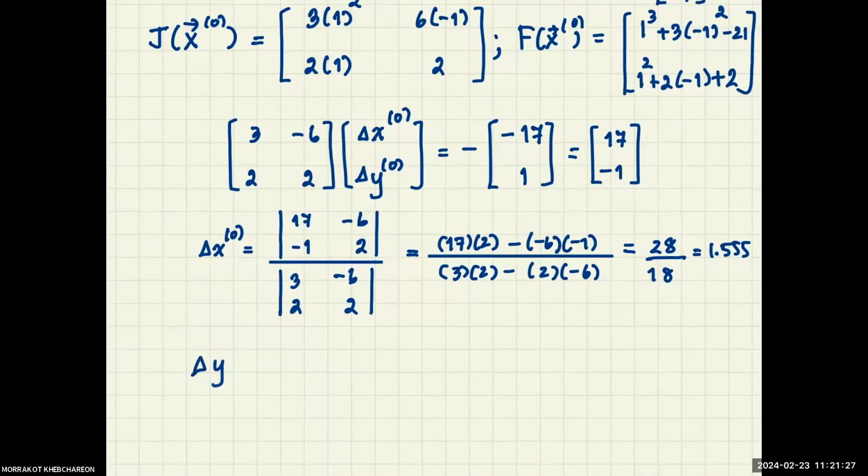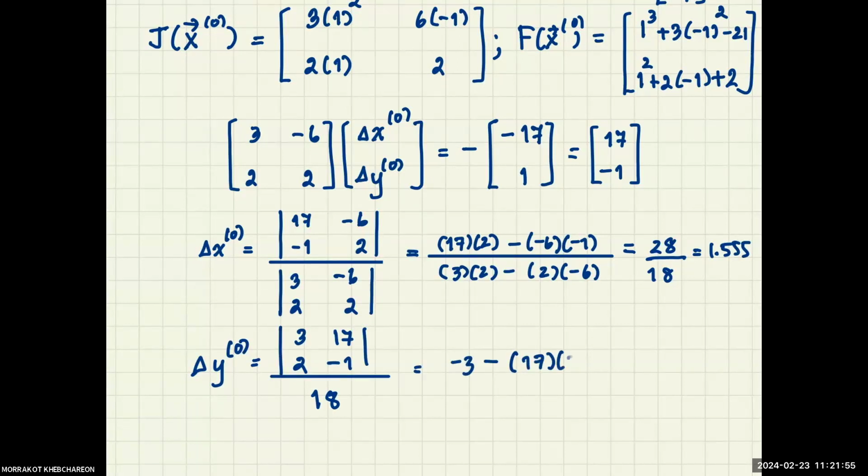And delta y, 0. Okay, so we know the determinant of the denominator. So we get delta x 0, delta y 0.